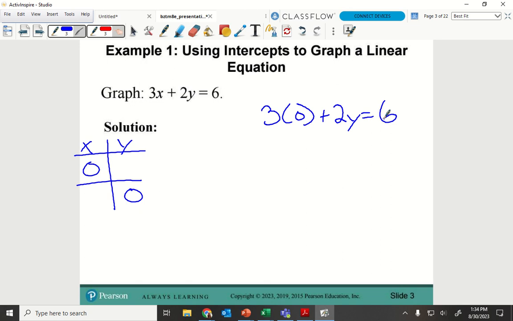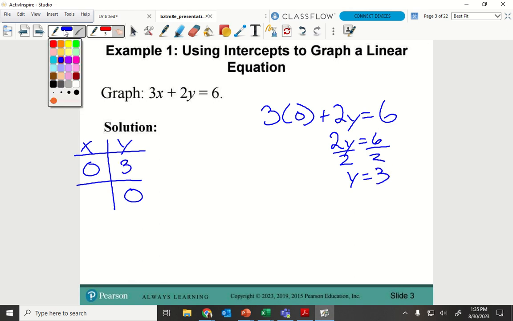I'm just left with 2y equals 6. And to get y by itself, I need to undo my multiplication, so I need to divide both sides by 2. Very good. y is 3.